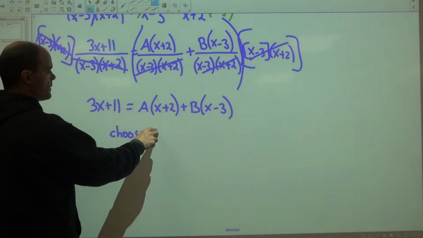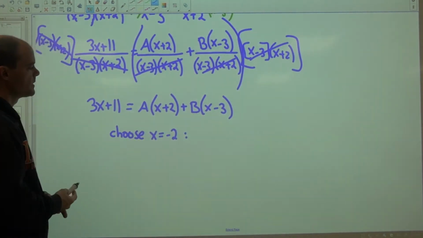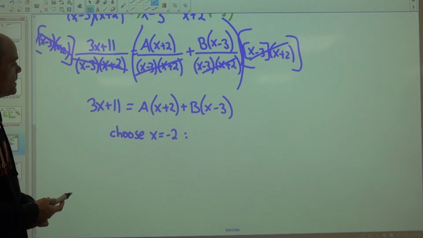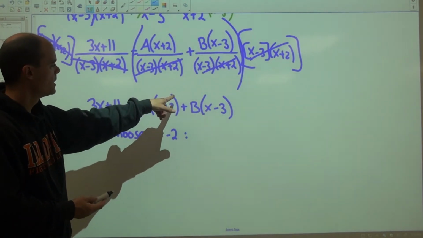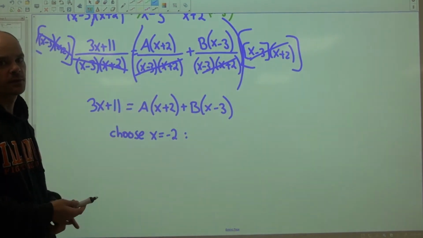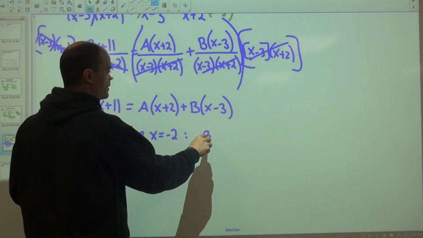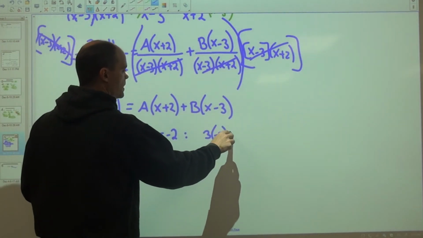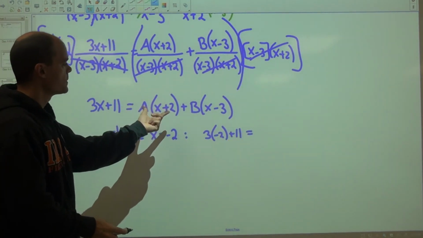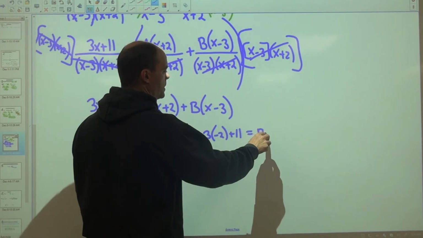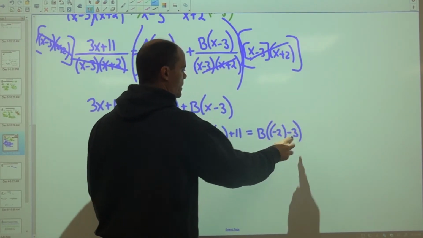I'm thinking if we choose x equals -2, that's going to give us something very distinct. If I choose x equals -2, this entire piece cancels out. Ooh, looks like we can solve for b. All right, so I plug this in, and I'll end up with 3 times -2 plus 11 equals, this whole term cancels, and we're left with b times -2 minus 3.